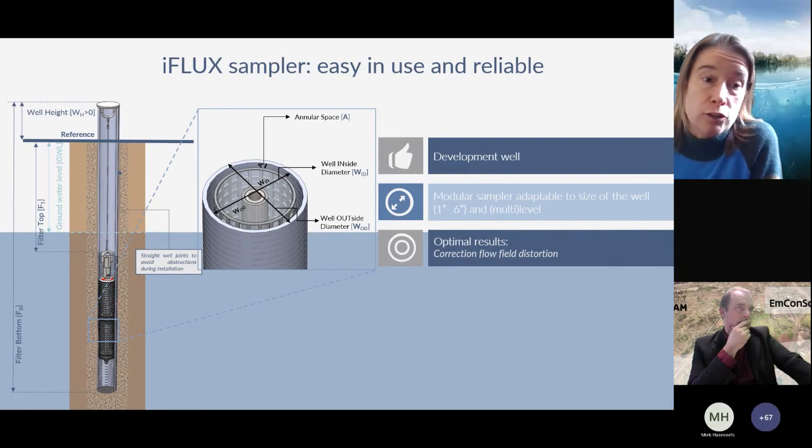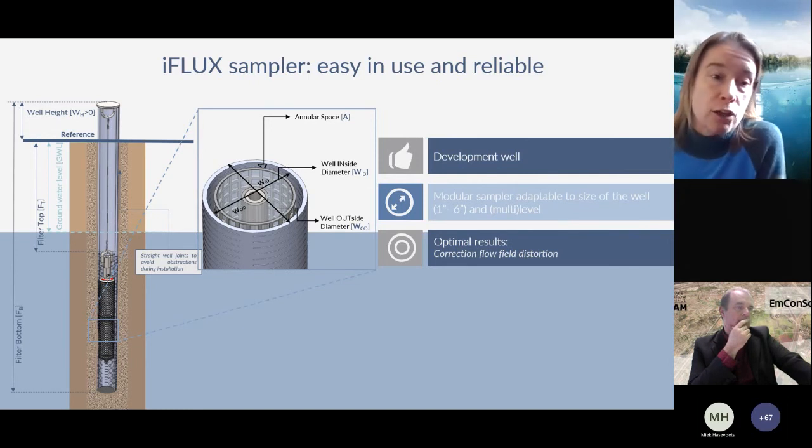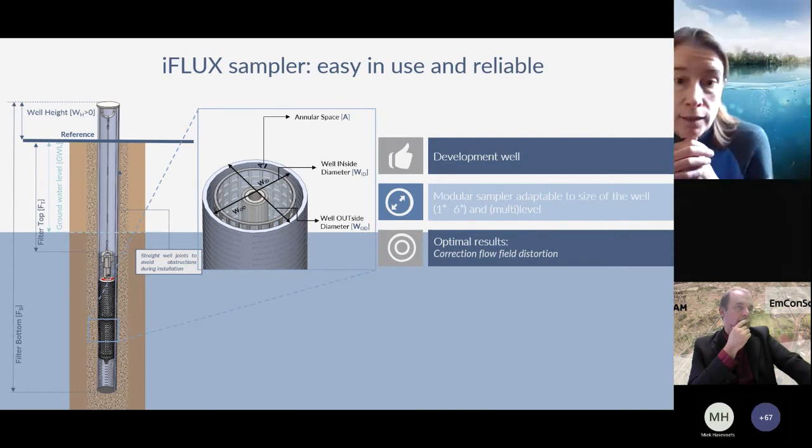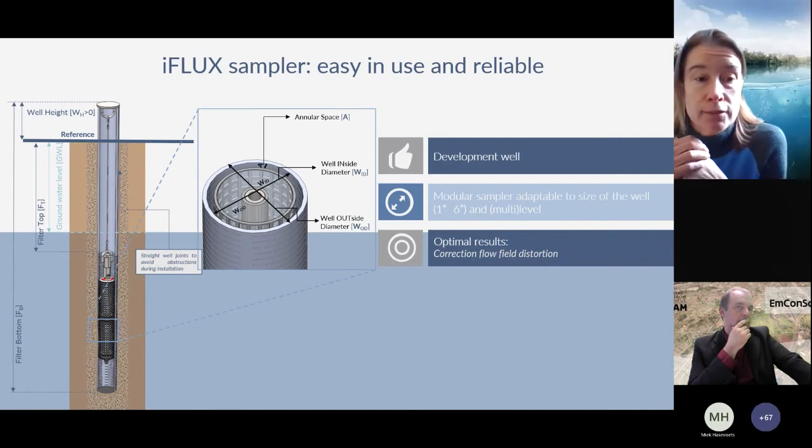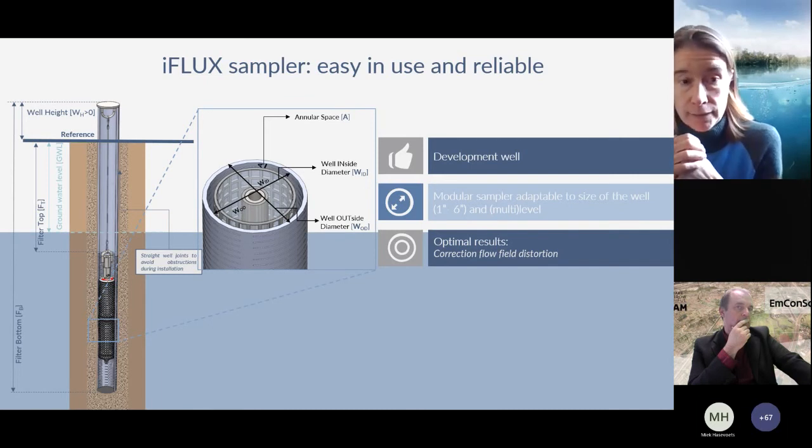We have a special cartridge for PFAS fluxes, but you can combine it with other contaminants, for organic components, or together with the groundwater fluxes. The IFlux sampler can also be installed at different depths. You can combine different depths in one well, and it's adjustable to the diameter of the well.